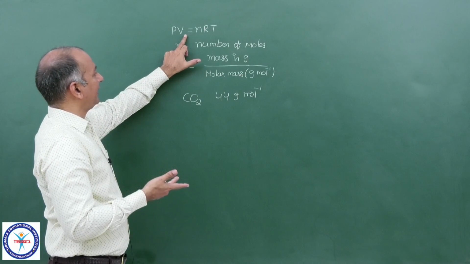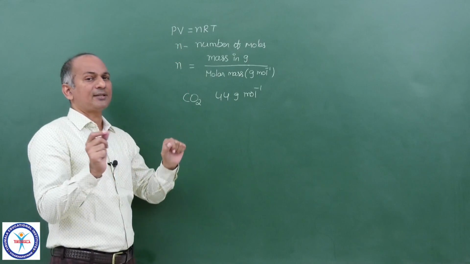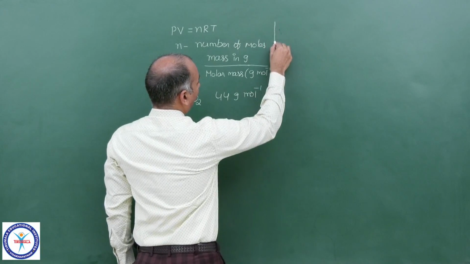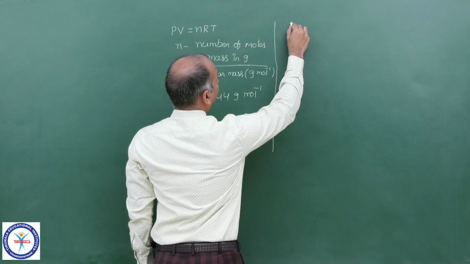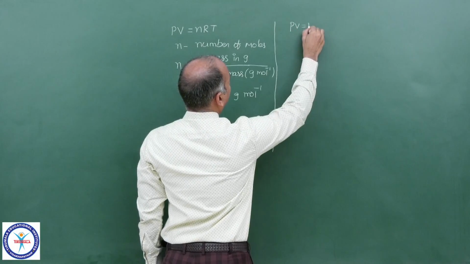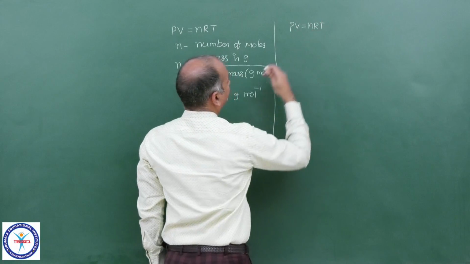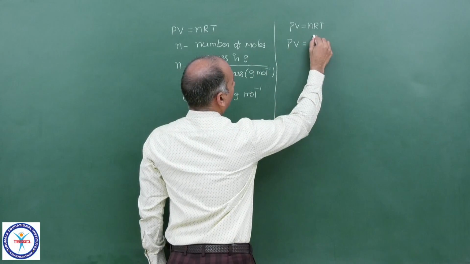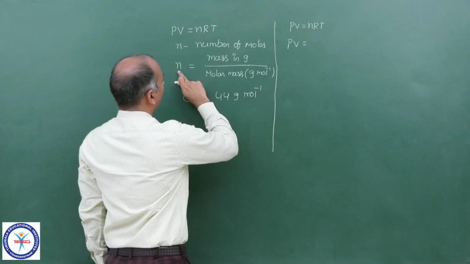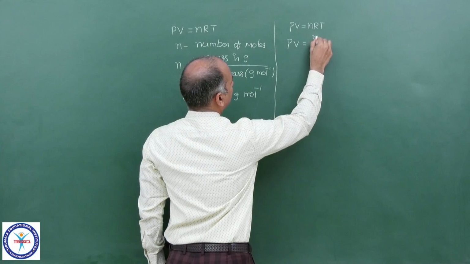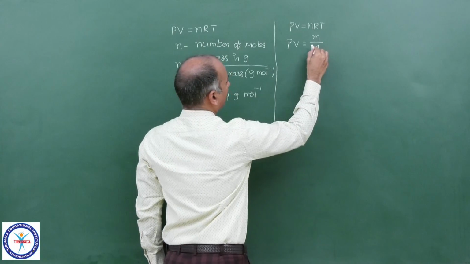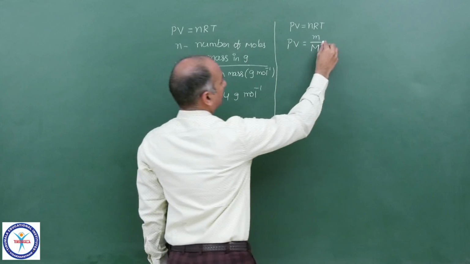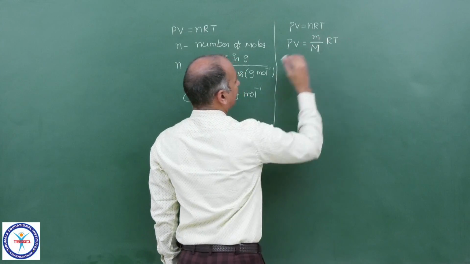Okay, with this we can modify. Now let me modify this PV is equal to nRT slightly, some mathematical manipulation. Now for example, if you take that PV is equal to nRT, I can write down this as PV is equal to, I can replace the number of moles with this mass upon molar mass. Molar mass is generally represented by capital M, into RT.